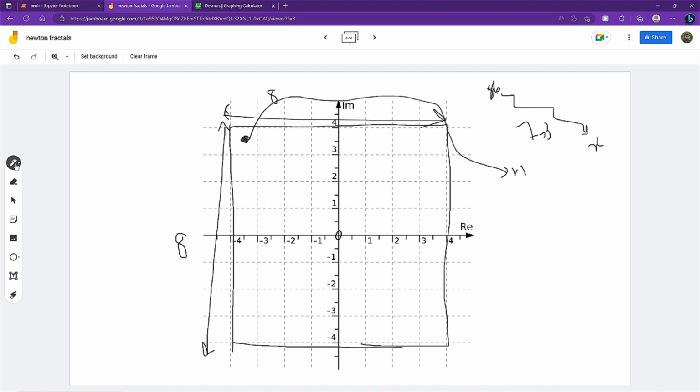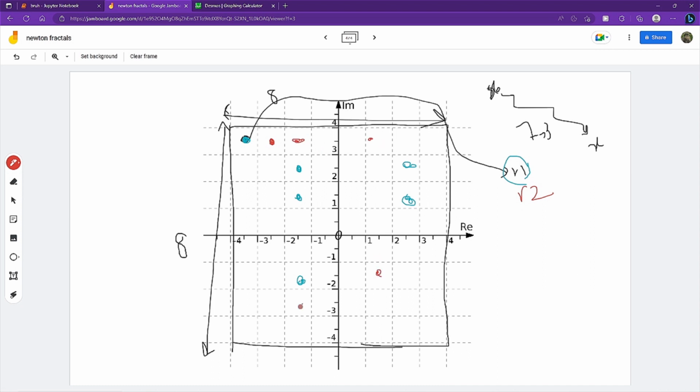Depending on what root this point converges to, I'm going to color it that way. If any point converges to root 1, I'm going to color it blue. If any point converges to root 2, I'm going to color it red. That's the concept here.